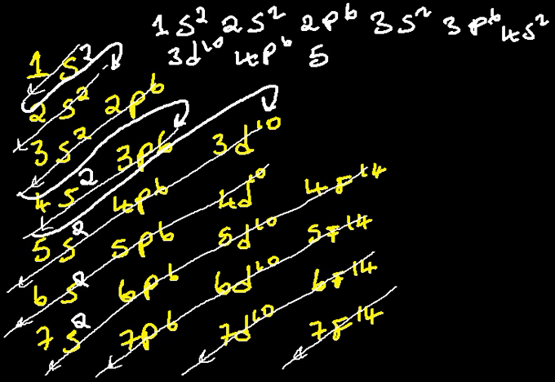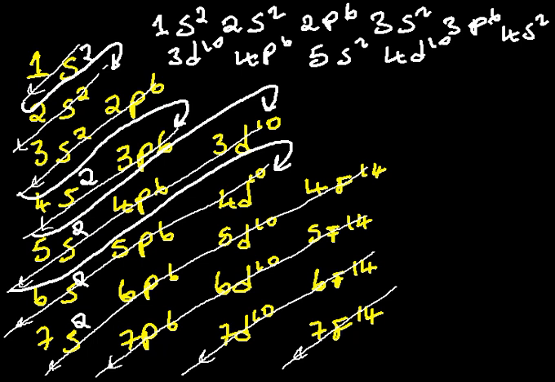We have 5s2, and we enter again here, where we can have 4d10 and 5p6, and then 6s2, like that.